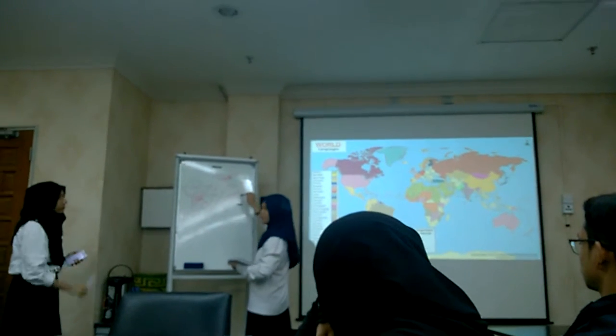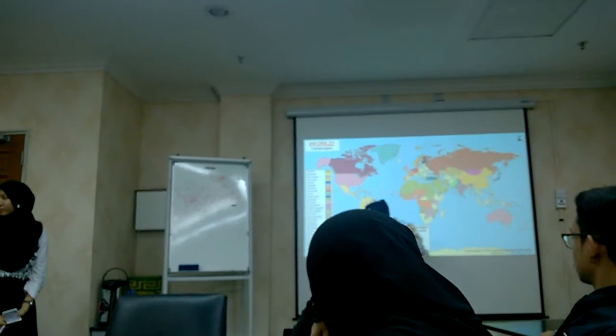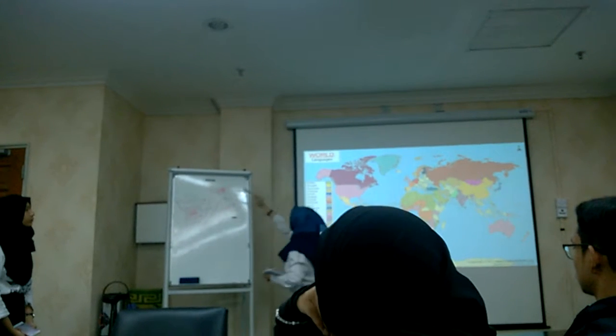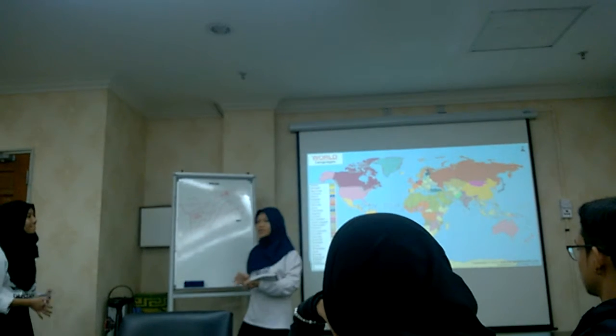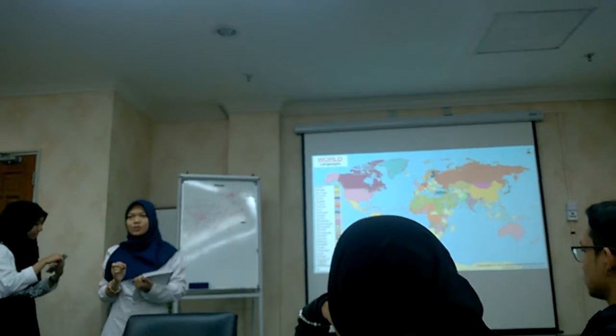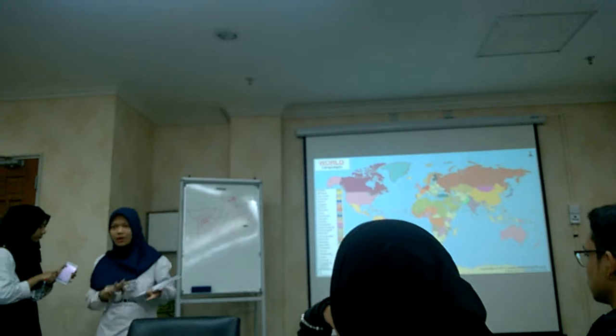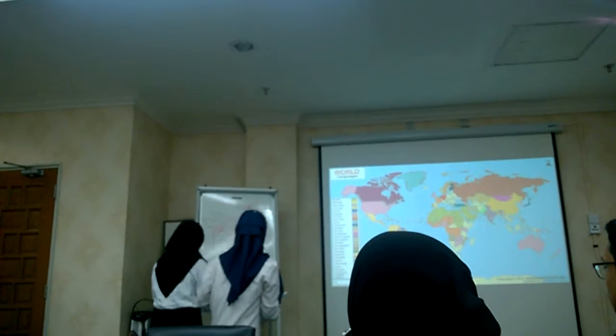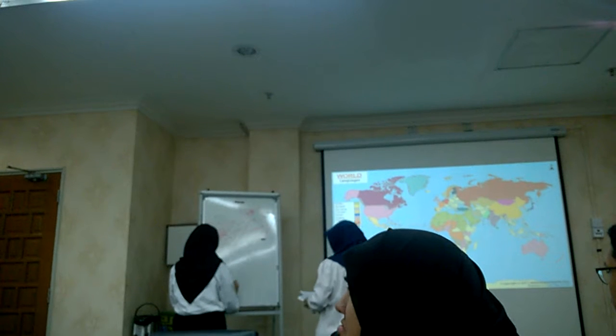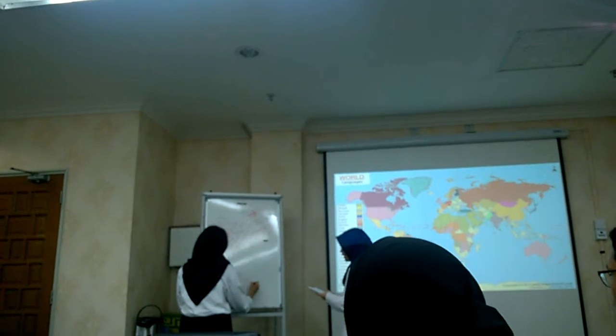Also, these are using Russian, in this area, and Turkey is in this area. So these 4 languages are actually the major languages which are widely being used all around the world compared to other languages.